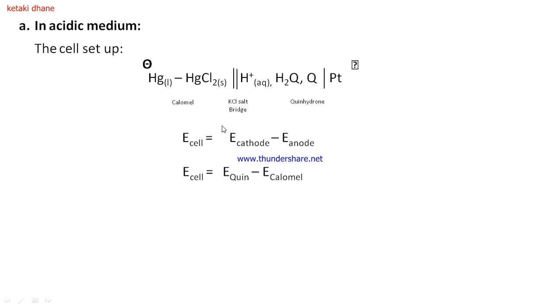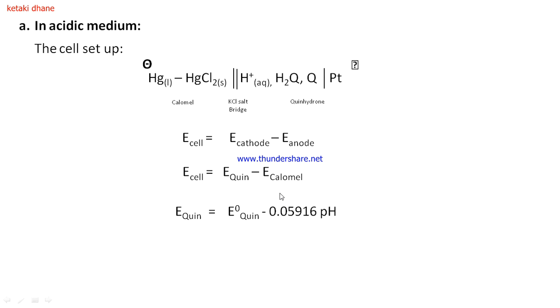When we do the potentiometric titration, the cell potential is E cell equal to the potential at the cathode minus the potential at the anode. That is, the potential of the quinhydrone electrode minus the potential of the calomel electrode.